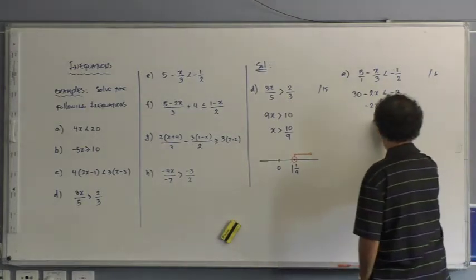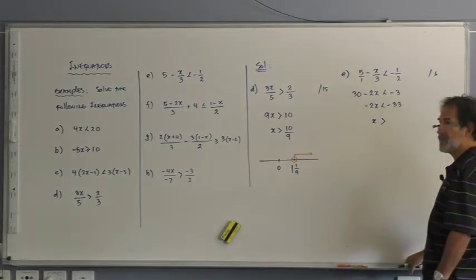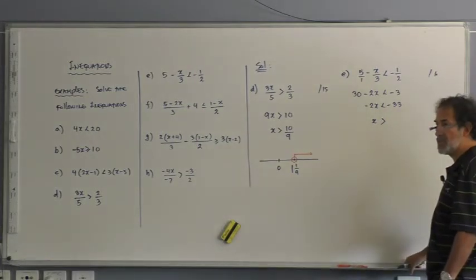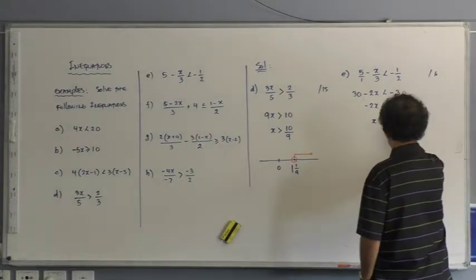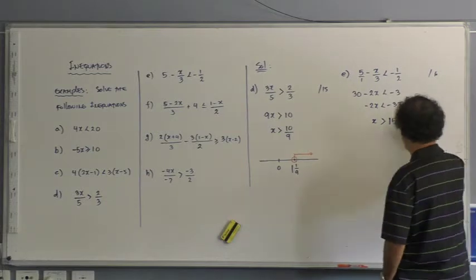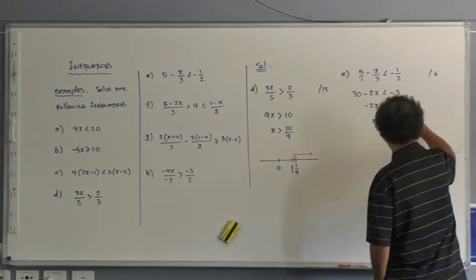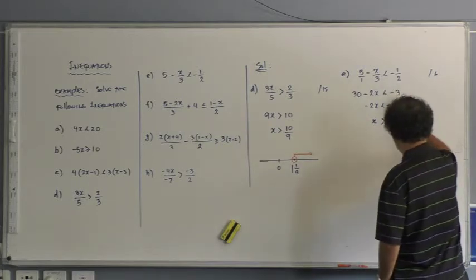And then we're going to say that x is greater than negative 33 divided by negative 2, which is 16 and a half.